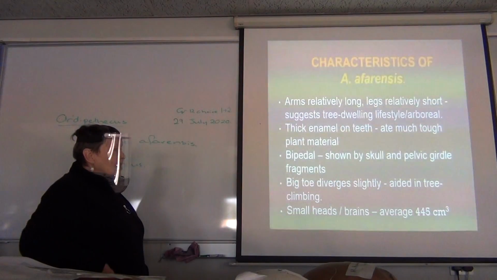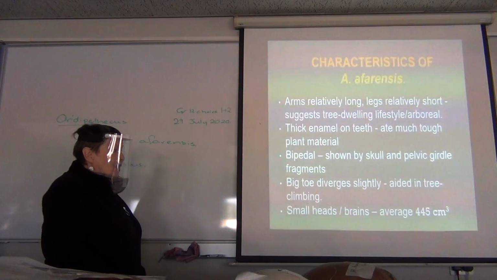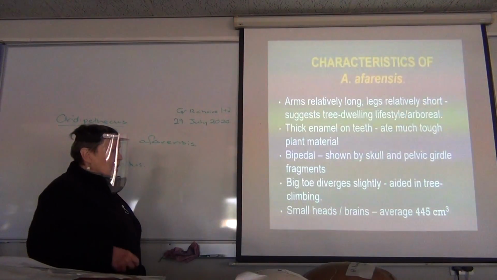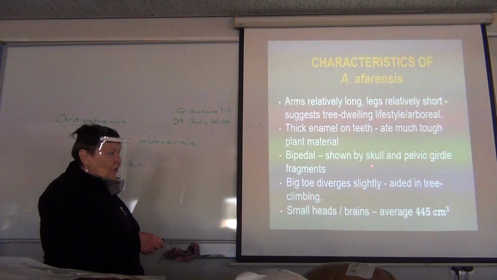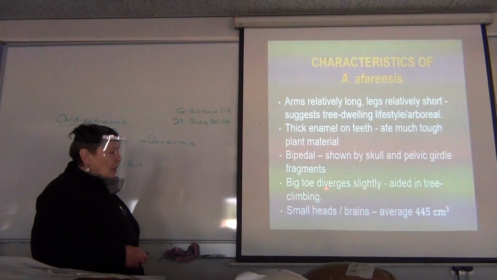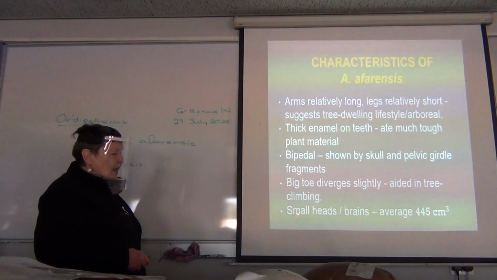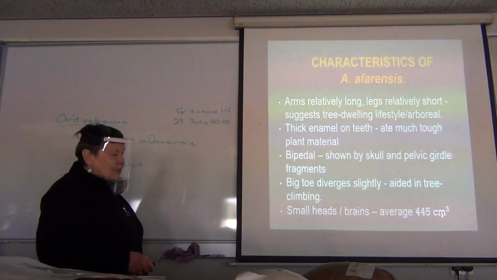They had very thick enamel on their teeth because they ate tough plant material. They were bipedal, which is shown by their skull and the pelvic girdle. Talking about the skull, what you have to know is the position of the foramen magnum, and also pelvic girdle fragments. The big toe diverges slightly, which aided in tree climbing. They had a small cranium, with an average brain size of 445 cubic centimeters.